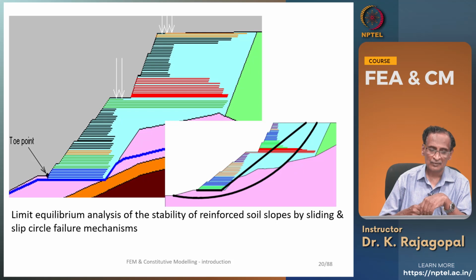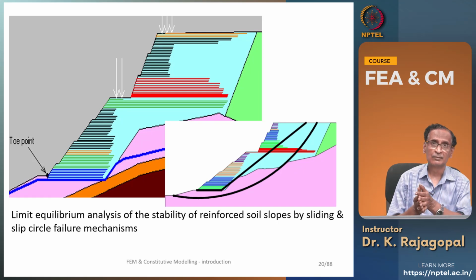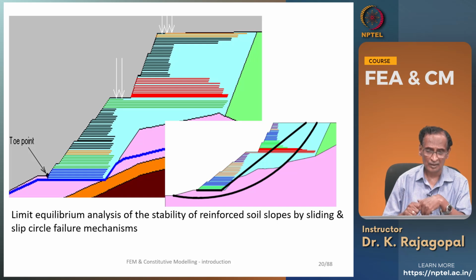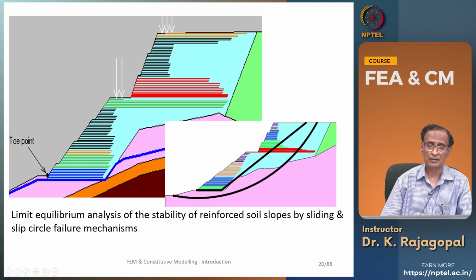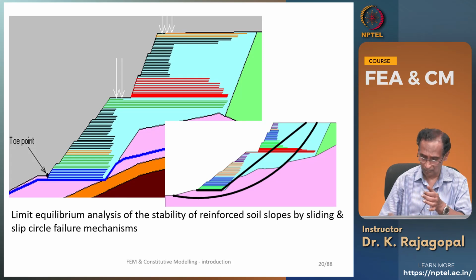And so we can do the analysis either by limit equilibrium methods, like our slip circle analysis, either by assuming slip circles or by a bilinear sliding mechanism like this, and we can calculate our factors of safety and so on.